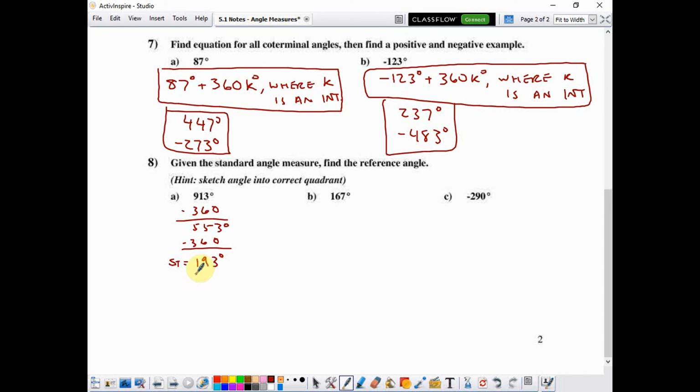So what I've found here is the lowest positive coterminal angle. Now I want to find the reference angle. So 193 degrees is going to be somewhere in this range right here. And if I do 193 minus 180, that leaves me with 13 degrees, and that is my reference angle.